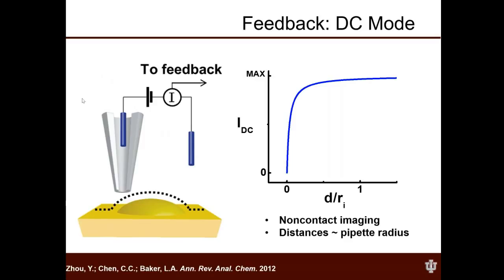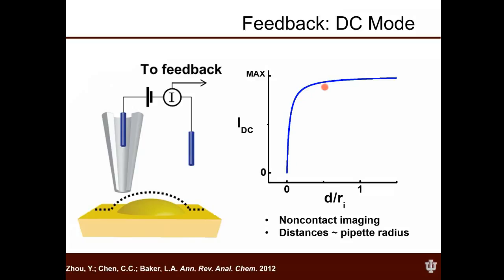What you can see is that if we're far away from the surface, relative to the pipette tip radius, the ion current essentially doesn't change as we move the tip closer to the surface. Now, when we get very close to the surface, this current falls off precipitously.